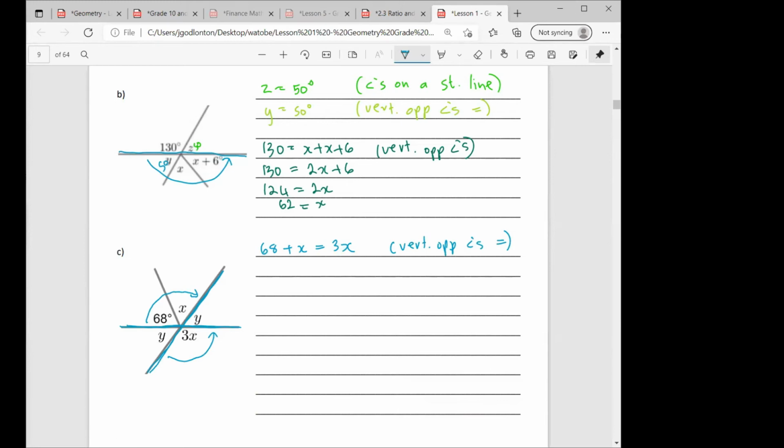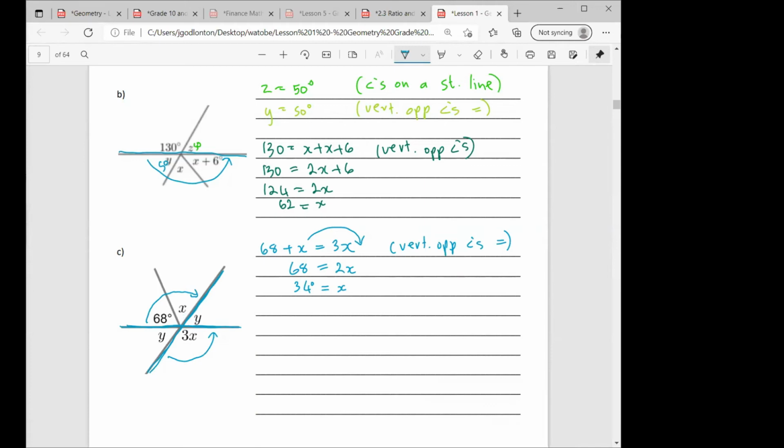Well done. So if I'm at a point like this, I'm then going to move my x onto this side. So I'm going to have 68 is equal to 2x, and then I'm going to divide it by 2. So I'm going to get 34 degrees for x. So Kamba, I think what happened is you didn't add this x in over here, and you said the 3x was 68. And that's why I came out with a slightly wrong answer.